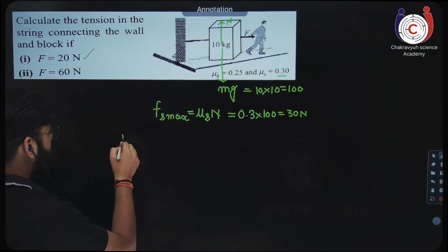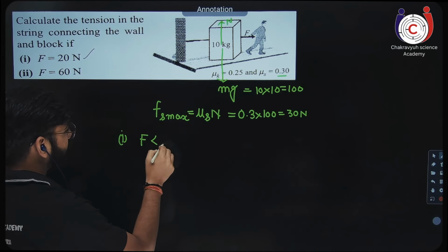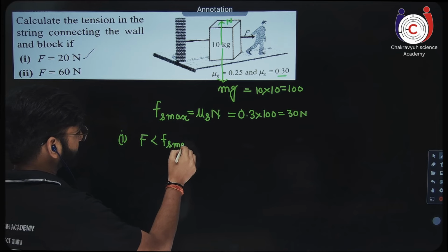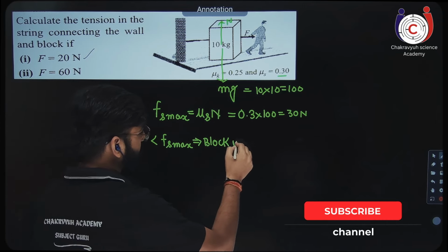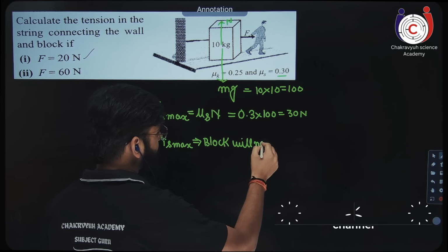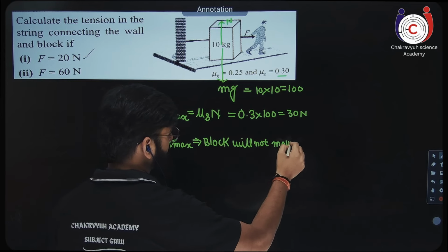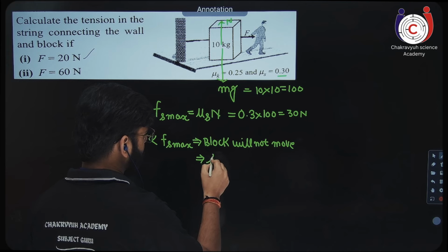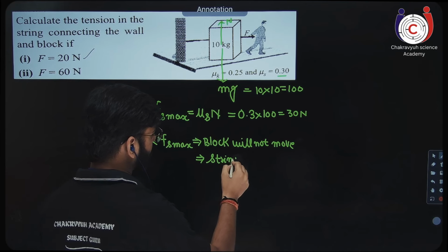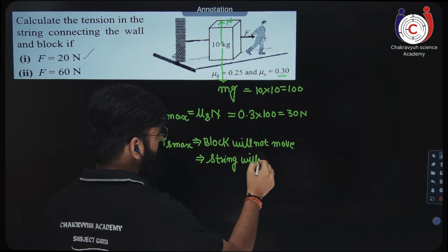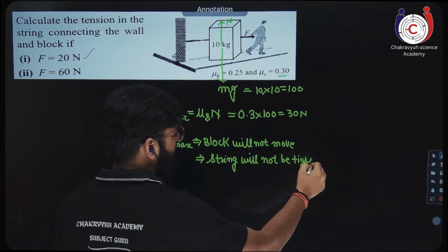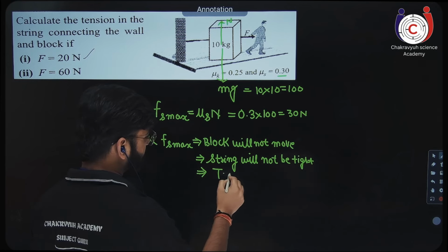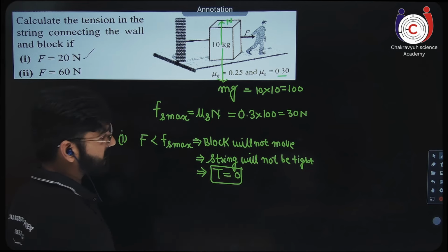So for the first part, F is less than Fs max. So the block will not move. It means the string will not be tight, which means tension in the string will be 0.